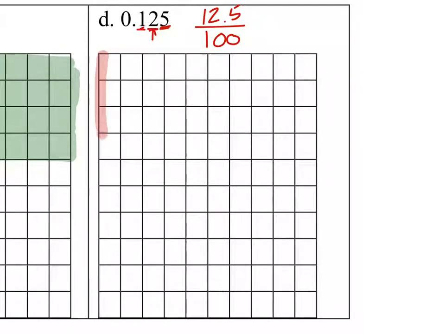So there's 10 right here, and then I've got 2 more right here. And then for the half, I'm just going to specify right here that would be half a part. Now, that's a little bit darker, and it may not be exactly a half, but it's just to show that I can see that it's 12 parts and then a half part.